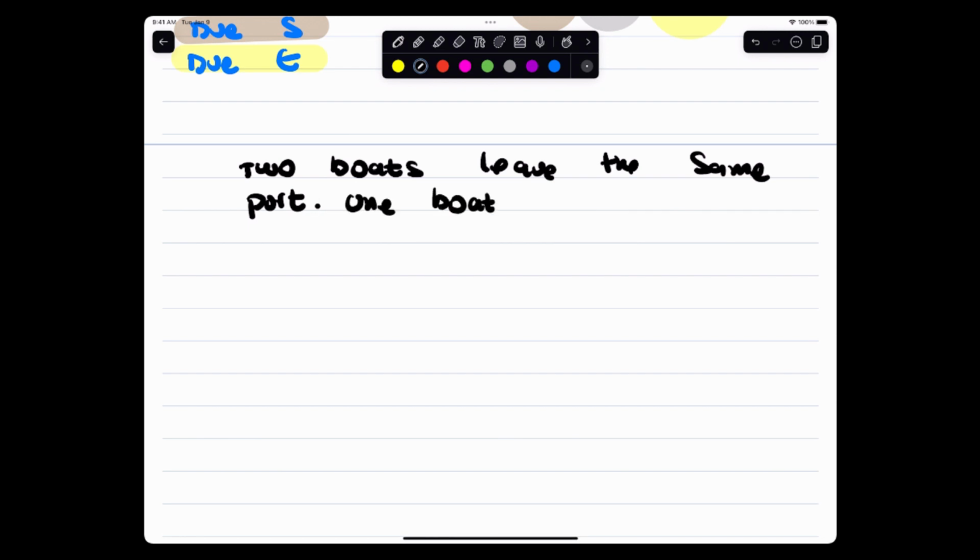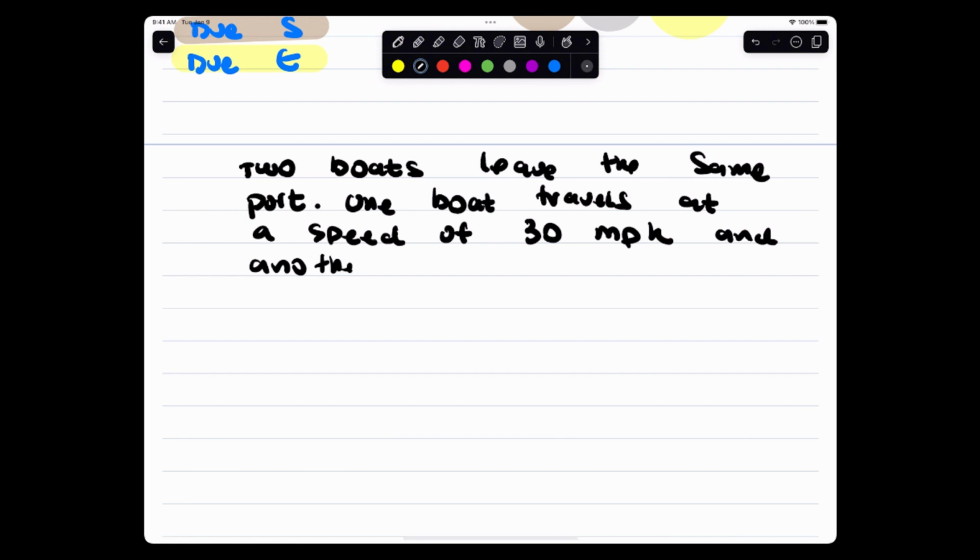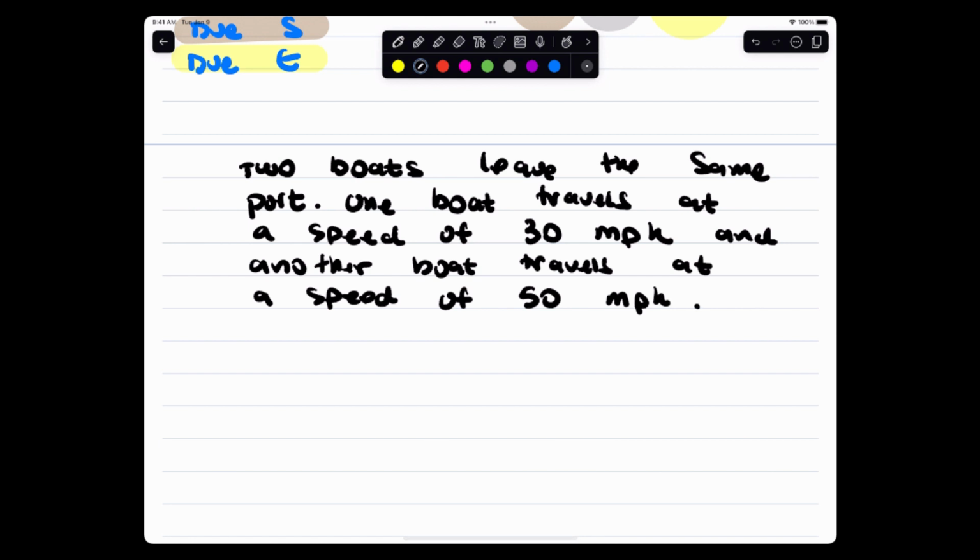One boat travels at a speed of 30 miles per hour, and another boat travels at a speed of 50 miles per hour.